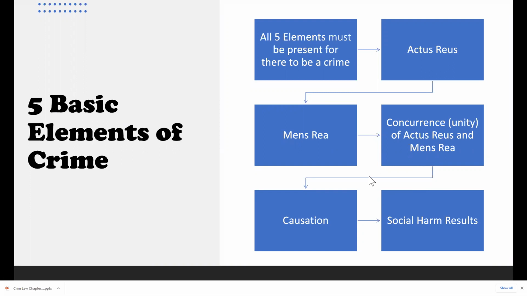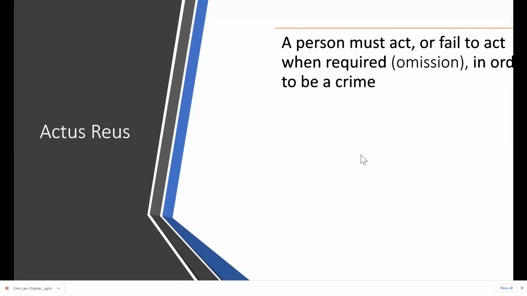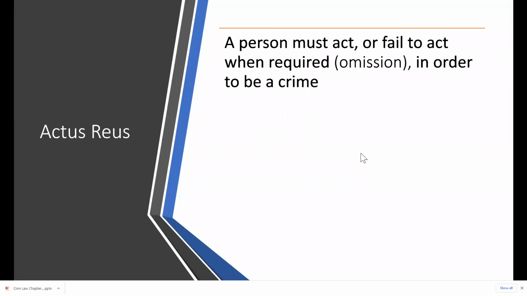And let's get into now, we're going to go over extensively actus reus and mens rea. Let's start with actus reus. What is it? It's defined as a person must act or fail to act when required. We call that an omission in order for there to be a crime.